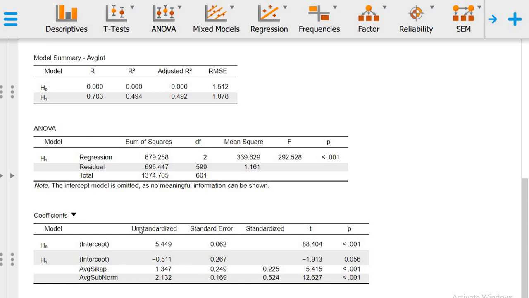And we can also look at the unstandardized values if both CCAP and subjective norm are measured with the same unit of measurement. So for example, if we have subjective norm being measured using a rating scale between 1 to 7 and CCAP was also measured the same way, then it may be possible to compare them directly.